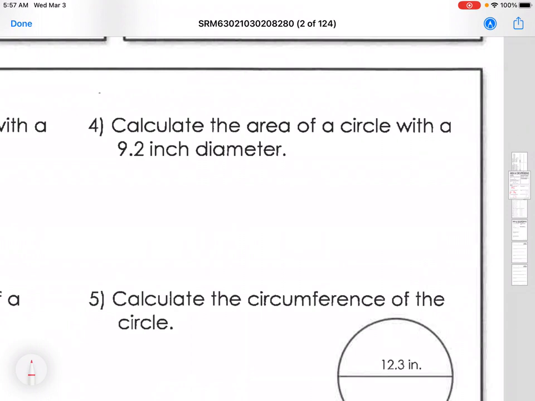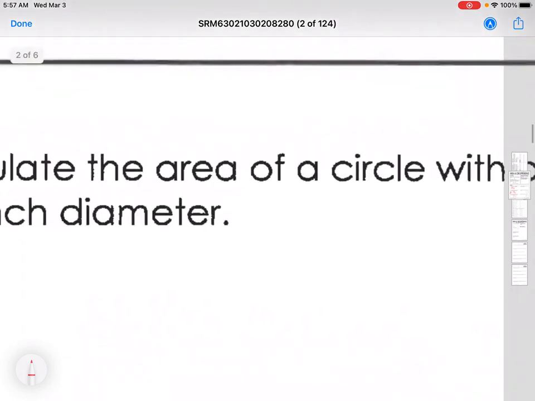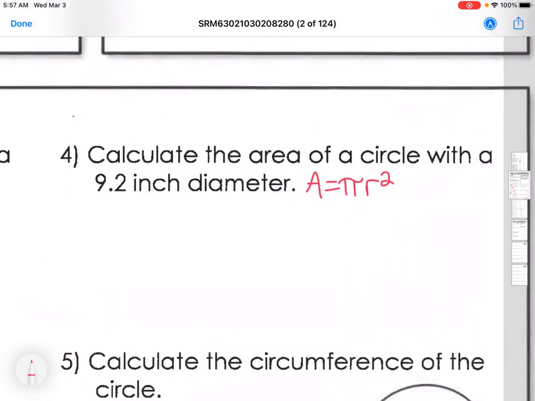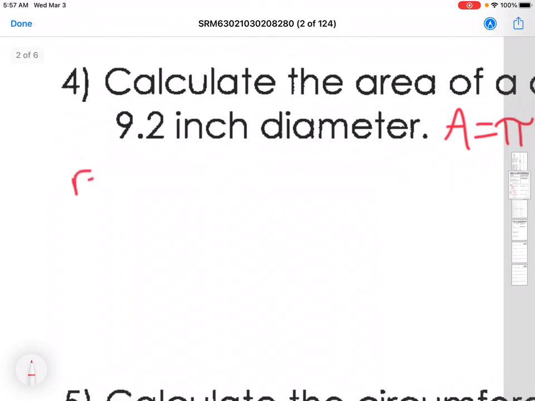Number 4, calculate the area of a circle with a 9.2-inch diameter. So I know area is pi times the radius squared, but it gives me my measurement of a diameter. So I know radius is the diameter divided by 2. So 9.2 divided by 2 would be 4.6 inches.